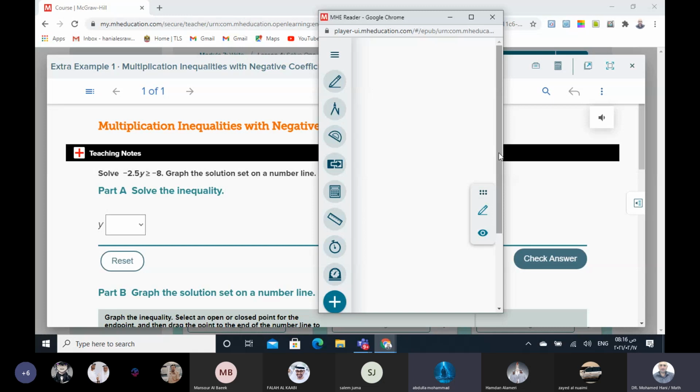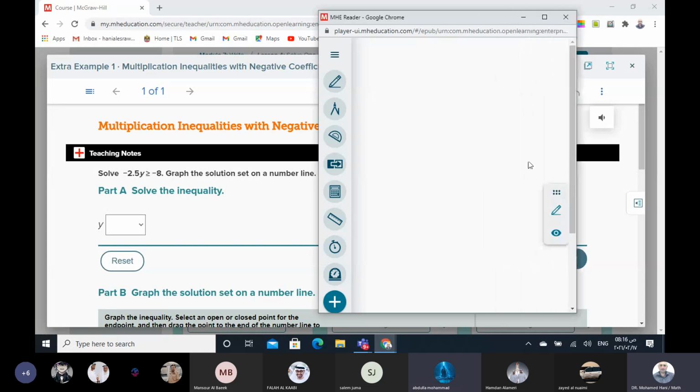Start with graph it. Yes. Mr., this is greater than or equal, so it means a shaded circle. Great.